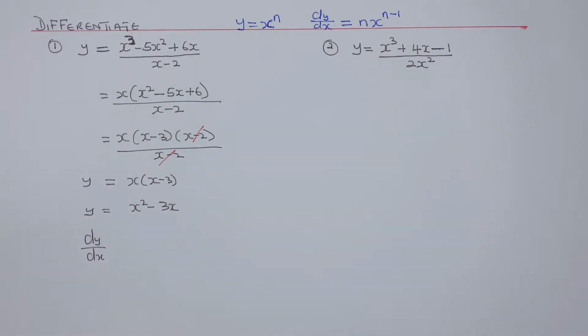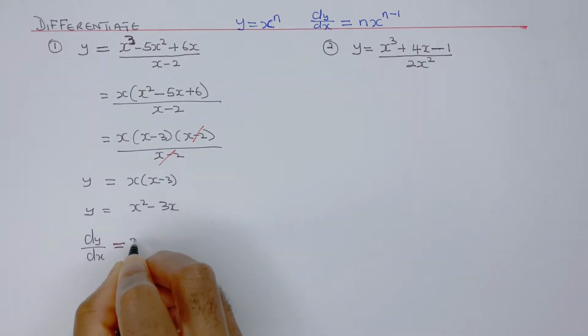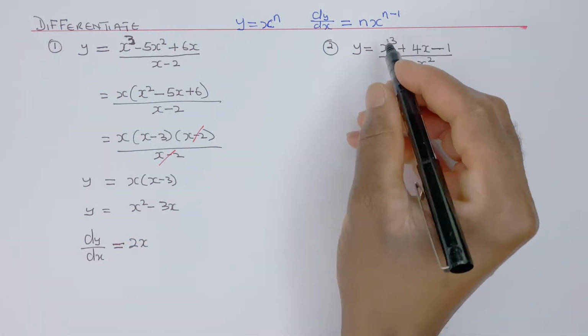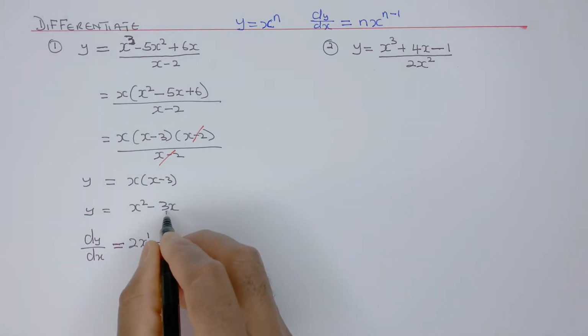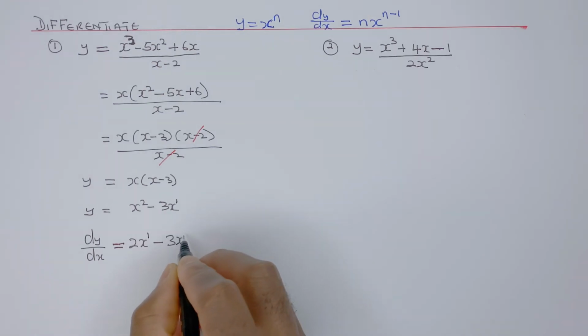In this case, n is 2, we get 2x, and 2 minus 1 is 1, so that's the power of 1. Minus, this one n is 1, so you get 1 times 3, so that'll be 3, x to the power 1 minus 1.